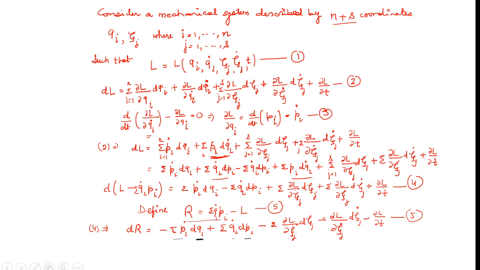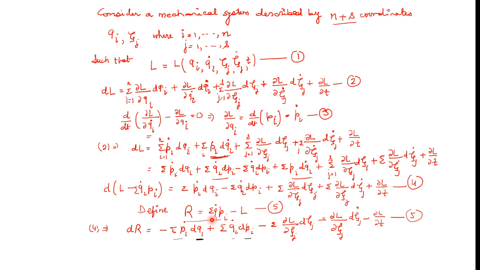Look at this expression. In R, you have q_i dot. The q_i are all cyclic, so this is the corresponding velocity, q_i dot, for the ith particle, multiplied by its momentum, which is p_i. We take all such combinations and then subtract L from these.